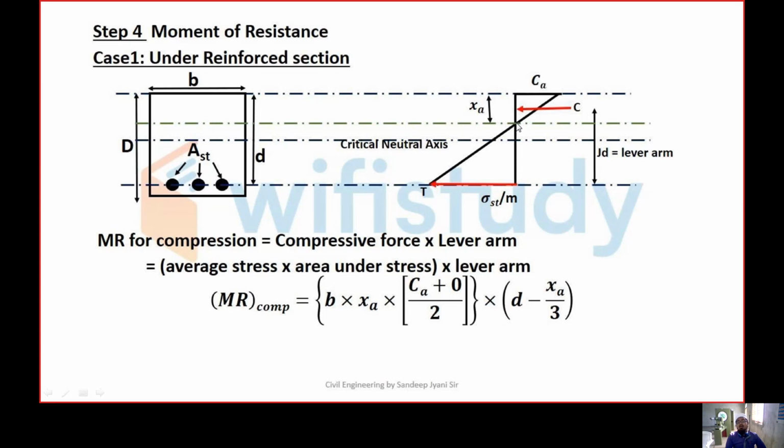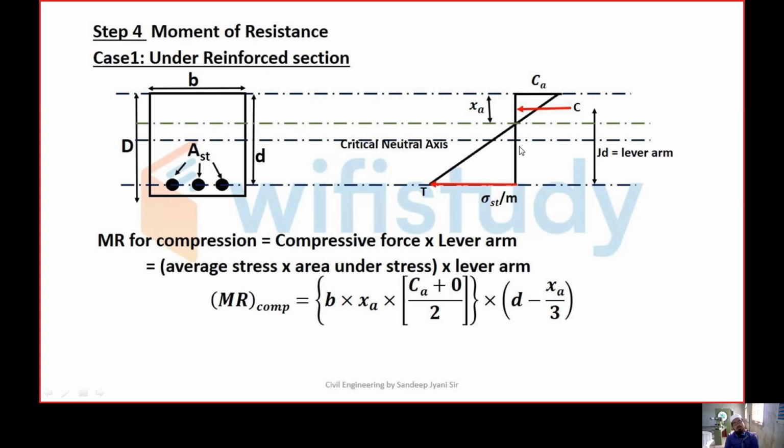The neutral axis lies only where the actual depth of neutral axis lies. At that line only, the neutral axis will be lying. That means the compression and tension will be equal to 0 at that point. And the critical depth of neutral axis lies below the actual depth of neutral axis.